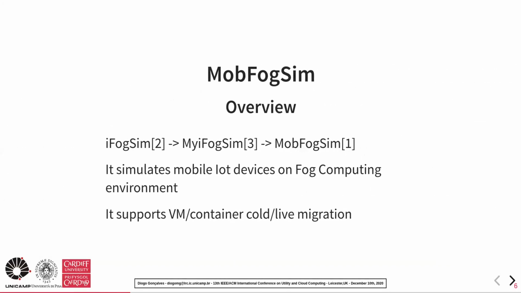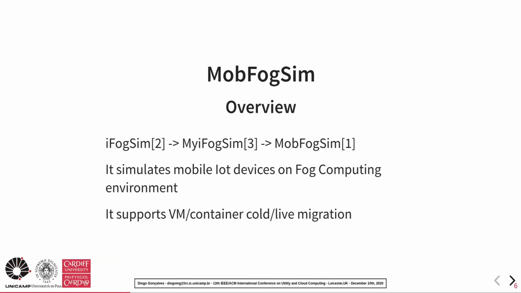Before starting to explain the contributions of this work, we will talk a little about our simulator. MobFogSim is based on CloudSim and iFogSim, which are popular fog and cloud data center simulators. MobFogSim extends these simulators by introducing mobile support for IoT devices.